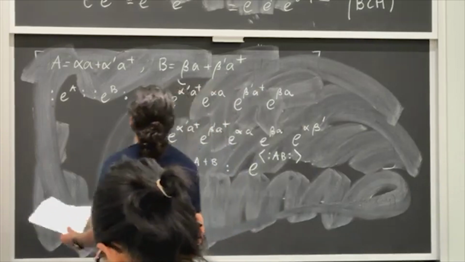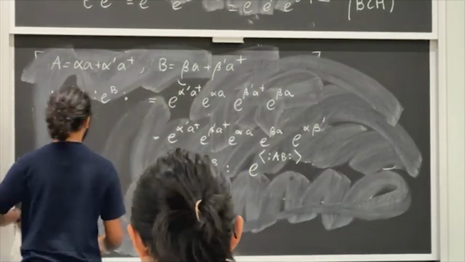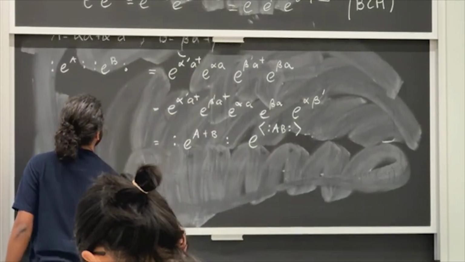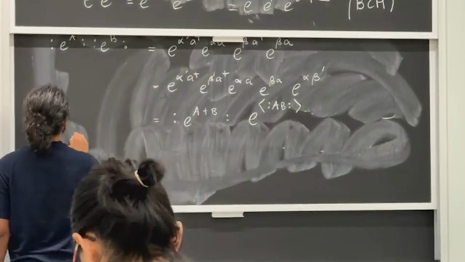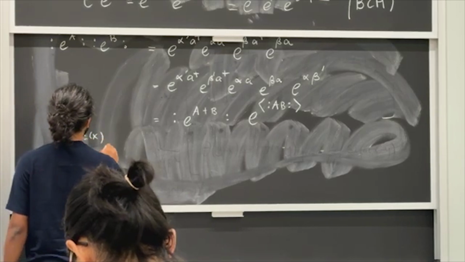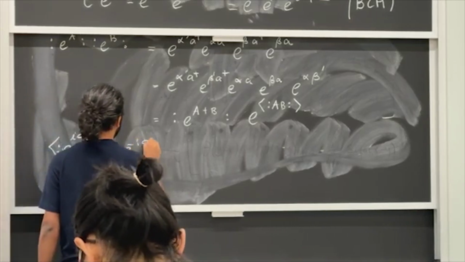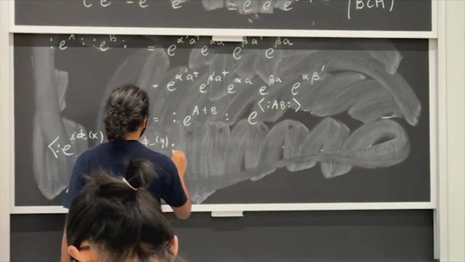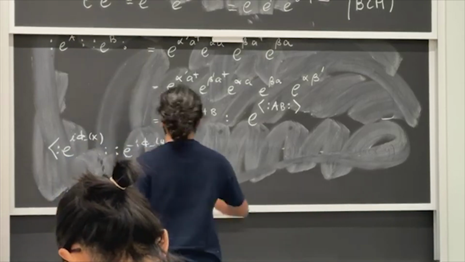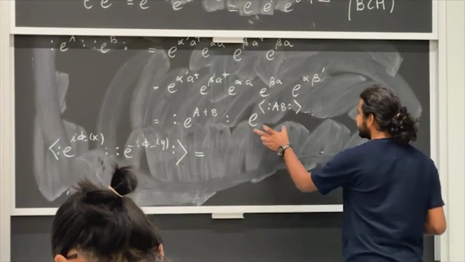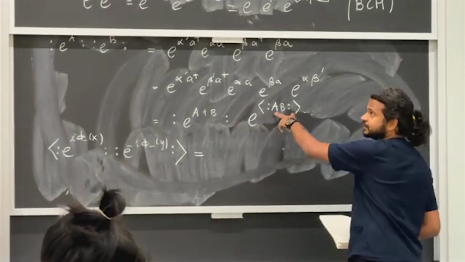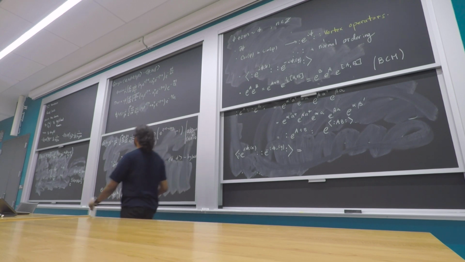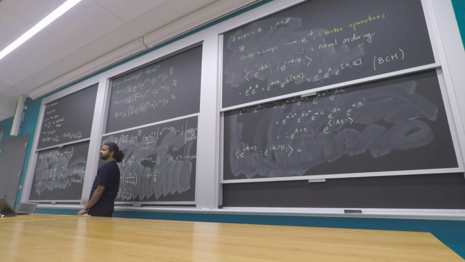So ultimately what we have is the expectation value of normal ordered I phi minus x, normal ordered minus I phi minus y, is going to be, due to this expectation value, only this term survives. And recall what this is. This is nothing but that. Right?